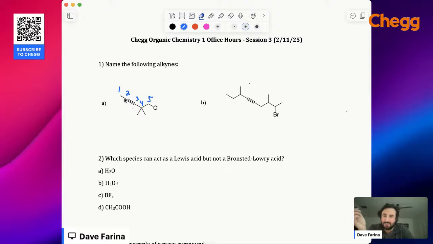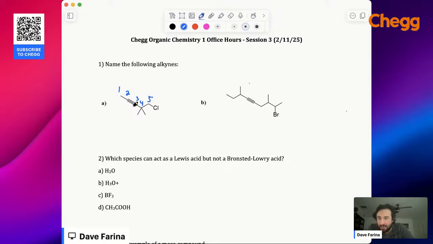The reason that it's linear like this is that sp hybridized carbons exhibit linear molecular geometry, right? You've got a carbon that's triply bound to another carbon and then singly bound to another carbon. So it's got sp hybridized orbitals. That makes it linear. So these are actually separate carbons. So 1, 2, 3, 4, 5, and they have to be numbered that way because we want the triple bond occurring soonest.